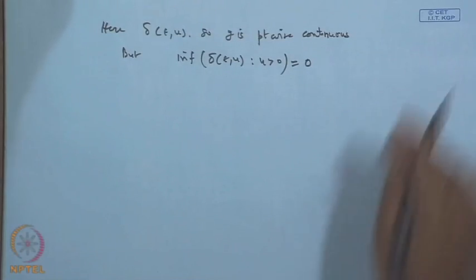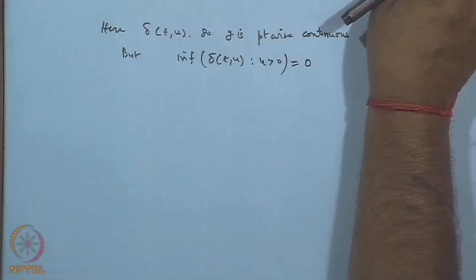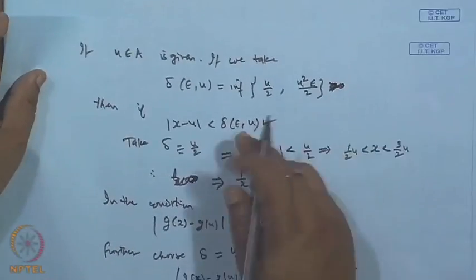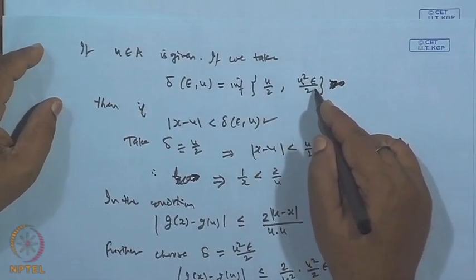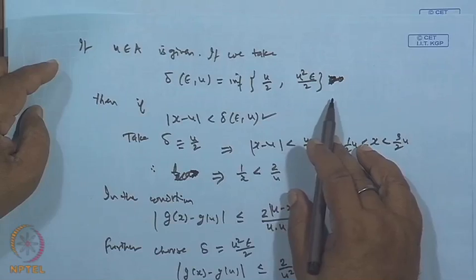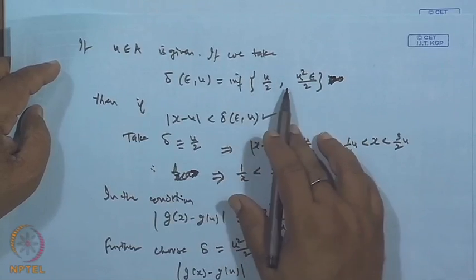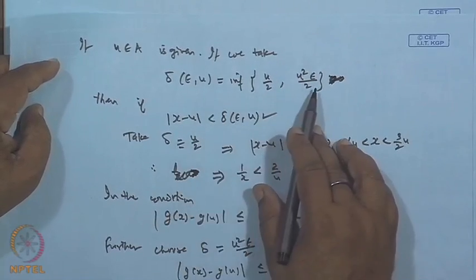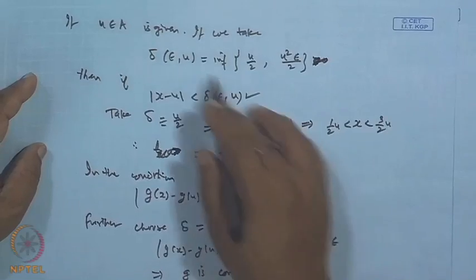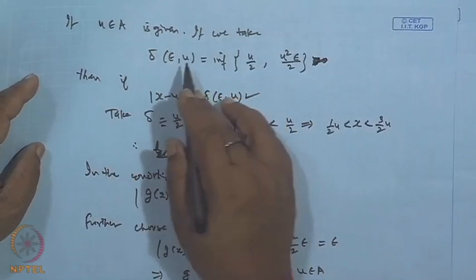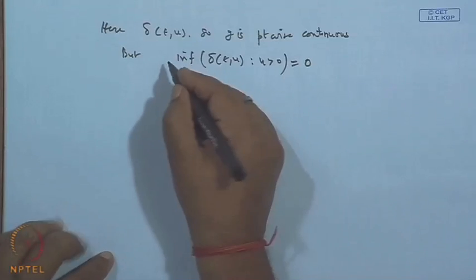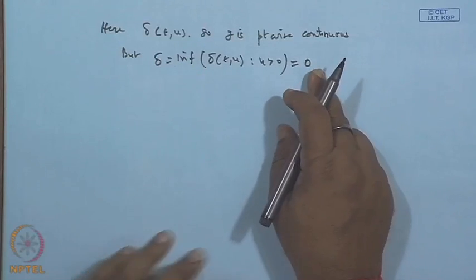Why? Because each delta here is nothing but either u/2 or u square epsilon/2, and u is greater than 0. So each delta is greater than 0, but when you take the infimum of this delta over u, this infimum will come out to be 0. So we are not getting a delta which is greater than 0.